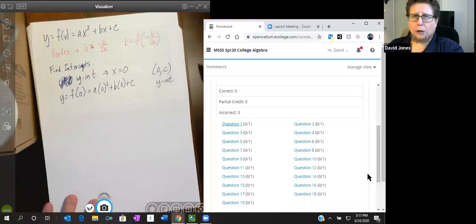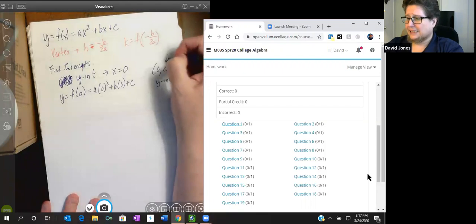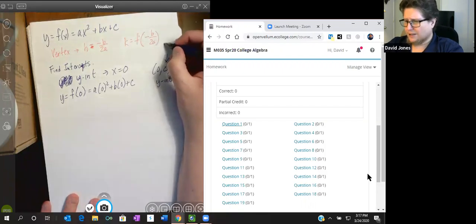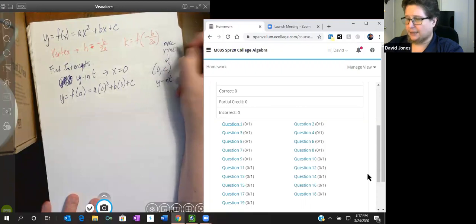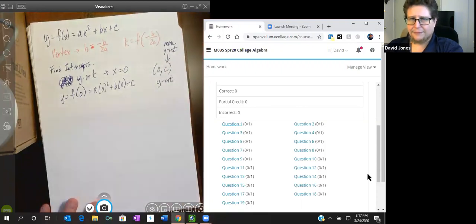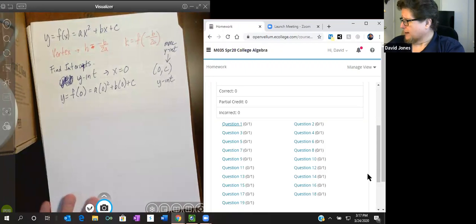I know there are problems in MATLAB where they just call the y-intercept that. So some of my MATLAB problems call that the y-intercept, just the c. I think that's poor form. It's a coordinate.